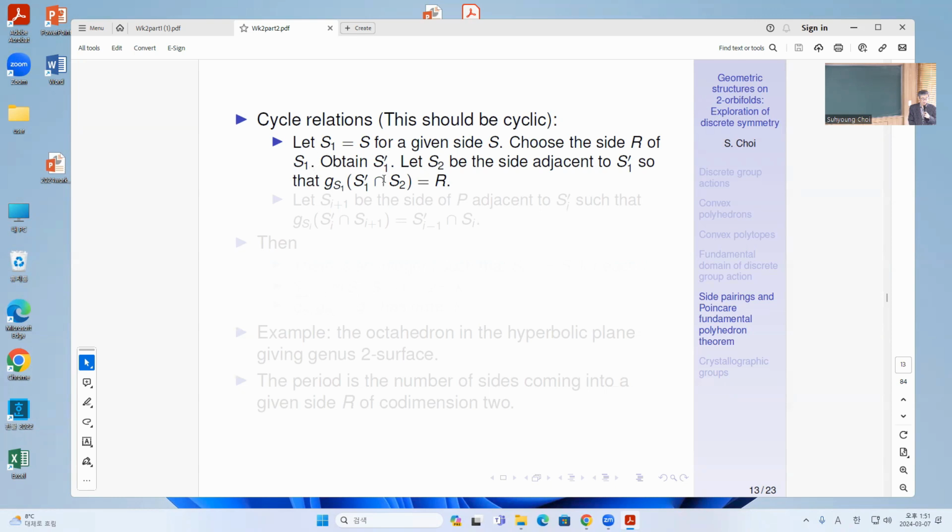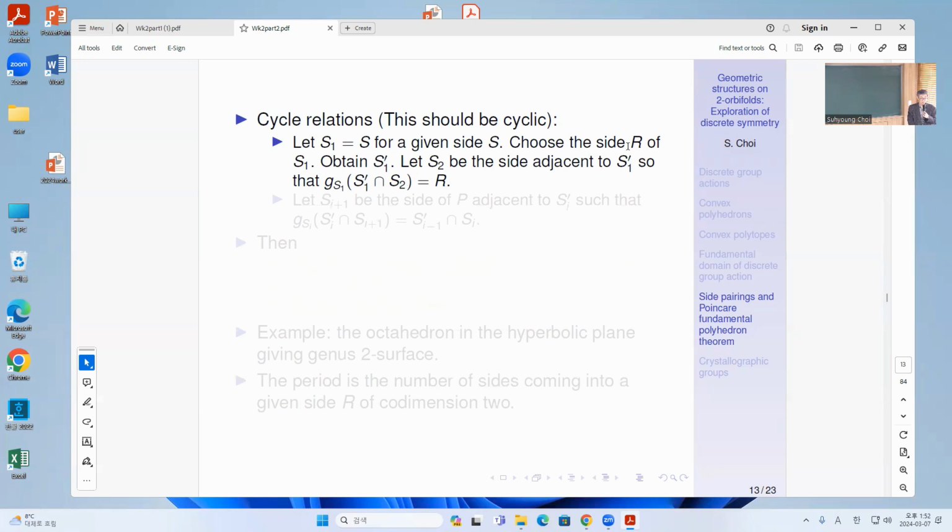S1 is a polytope, and then you obtain the S1 prime, the side equivalent to S1 under the side pairing, and S2 to be the side adjacent to S1 prime at R, so that the intersection of S1 prime and S2 is going to be R. So the one where it meets will be the R here.